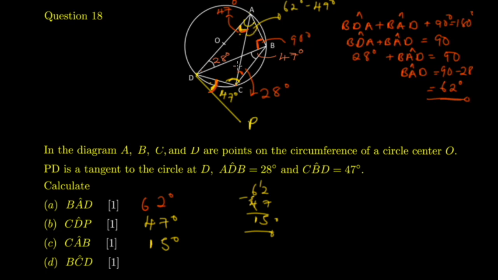So we say 180 minus 62, because opposite angles in a cyclic quadrilateral add up to 180. So 180 minus 62, 62 being the opposite angle DAB. What do you get? 118 degrees. So you get 118 here, and you're done.